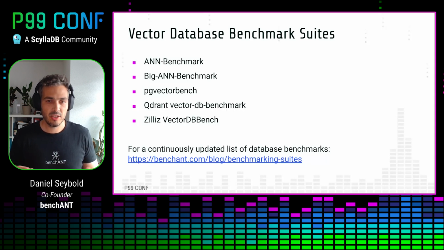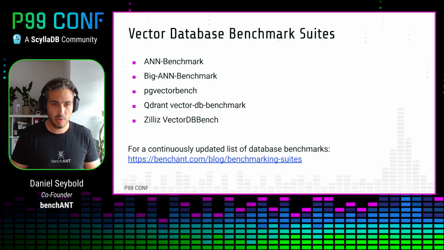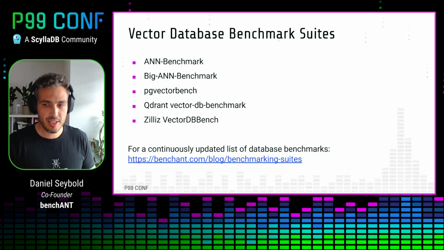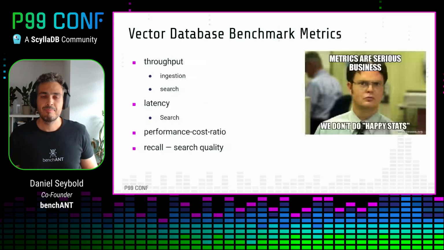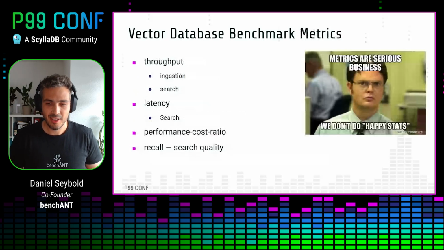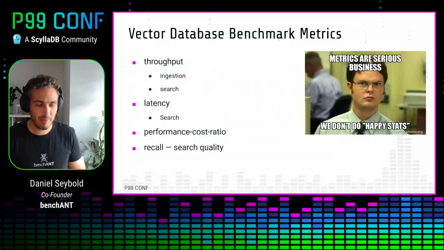If you want more details on them, or want a continuously updated list on database benchmarks, including vector benchmarking, feel free to have a look at our blog where we maintain this kind of list. And when we talk about benchmarks, of course, it's all about the metrics. As we all know well about benchmarking and performance, it's not surprising that throughput, latency, and performance-cost ratio are important metrics when it comes to vector database benchmarking.